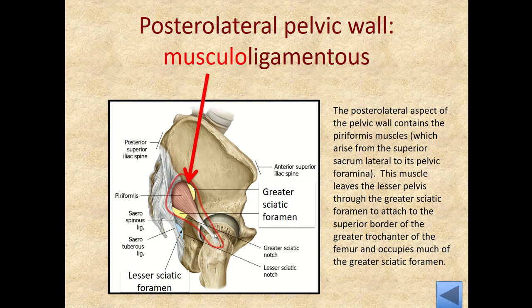And so this piriformis muscle is a great landmark for the inside of the pelvis and also for the gluteal region, because certain structures are going to leave the pelvis above the piriformis in the greater sciatic foramen, and some structures are going to leave the pelvis below the piriformis in the greater sciatic foramen.